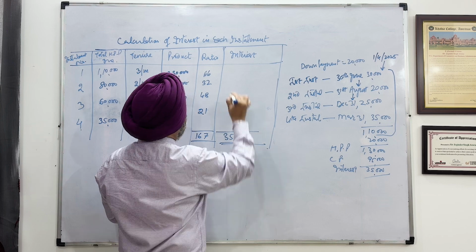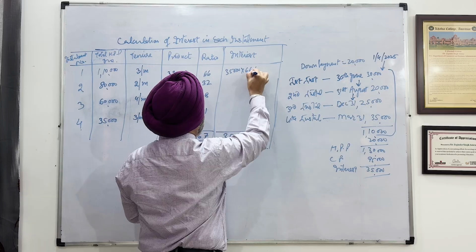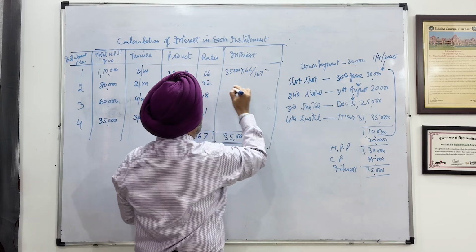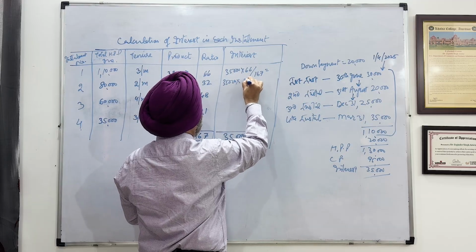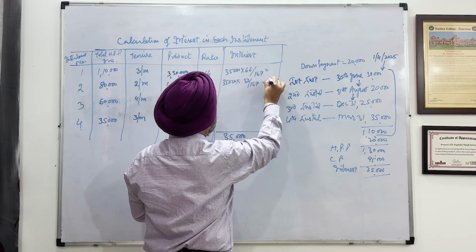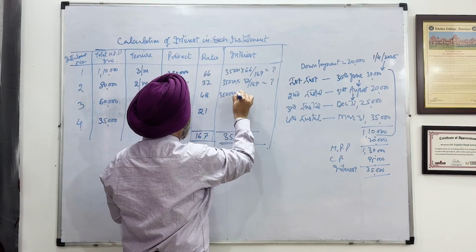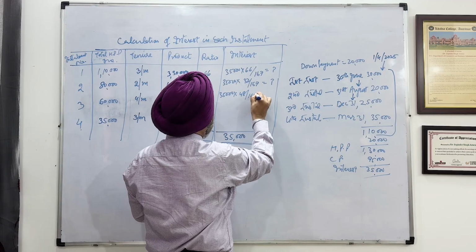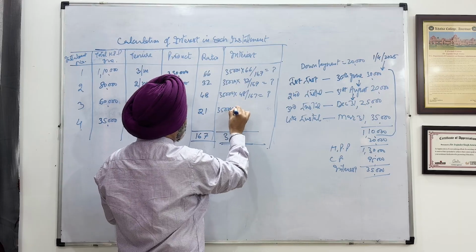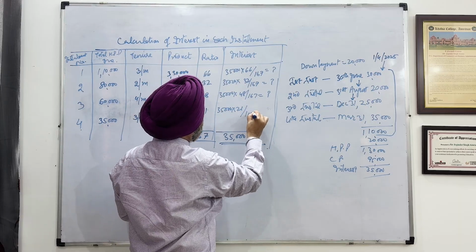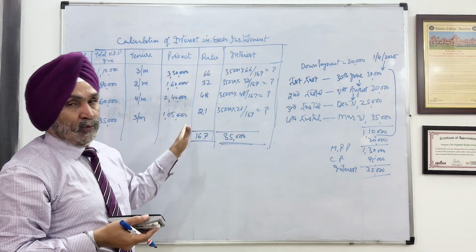So this 35,000 into 66 by 167, 35,000 into 32 by 167, then 35,000 into 48 by 167, and then 35,000 into 21 by 167. This way the interest will be calculated.